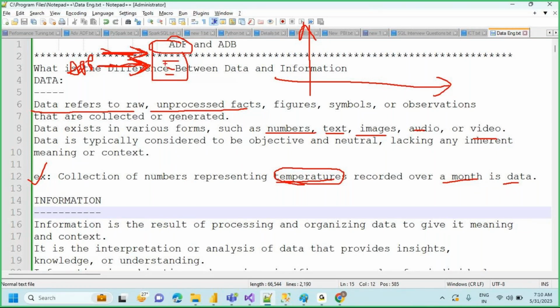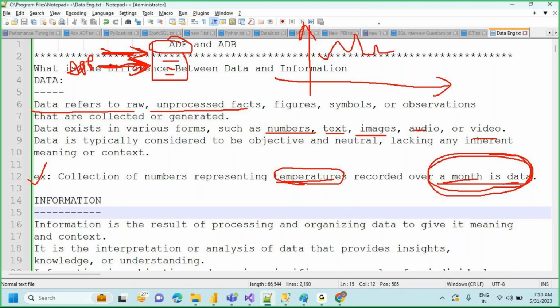You're just collecting it. In the same way, if you run a business, it is going to collect data on a daily basis. Now, what is information? On top of the data you have collected, if you want to get insights, for example to see the trends, on which day it is high and which day it is low, then definitely there is going to be some trend.